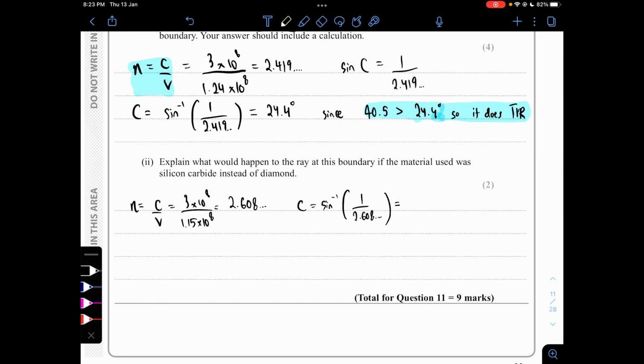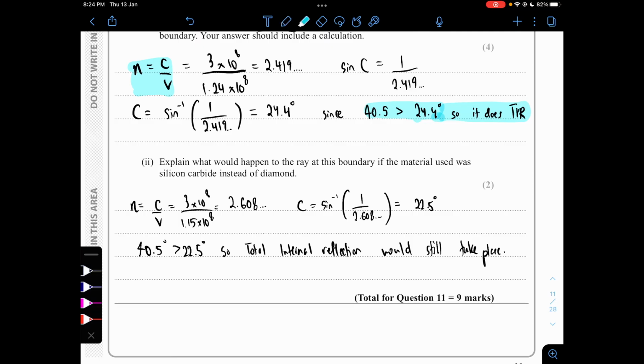This would give us 22.5 degrees. And since this is also less than 22.5, what can we say? So total internal reflection would still take place.